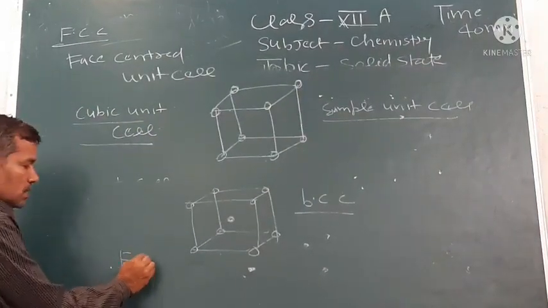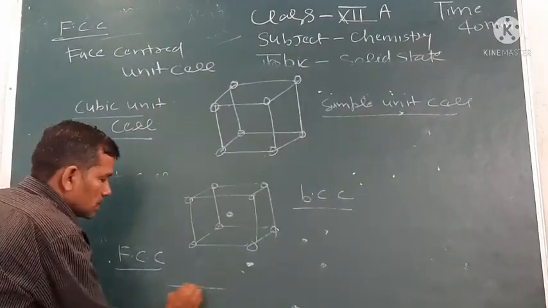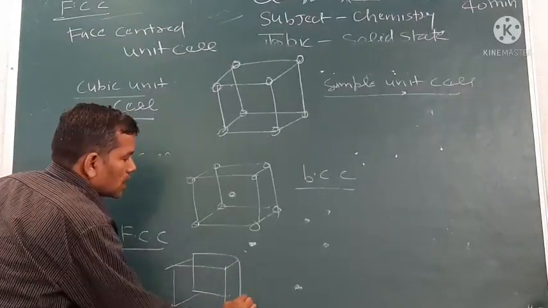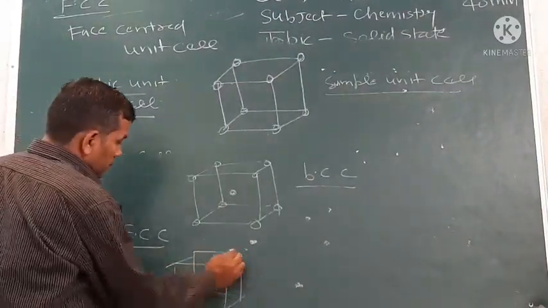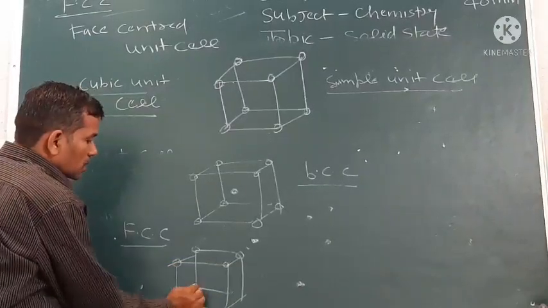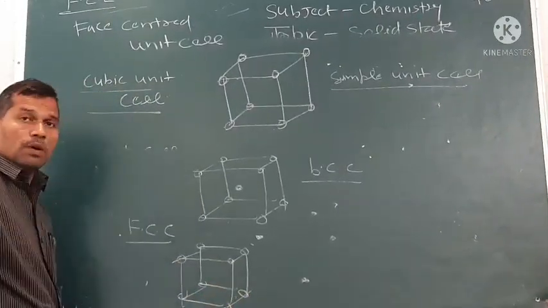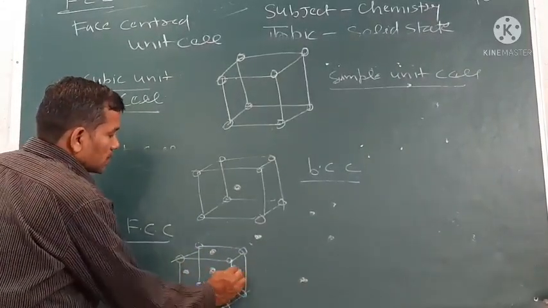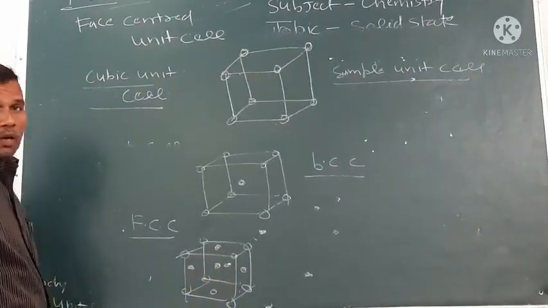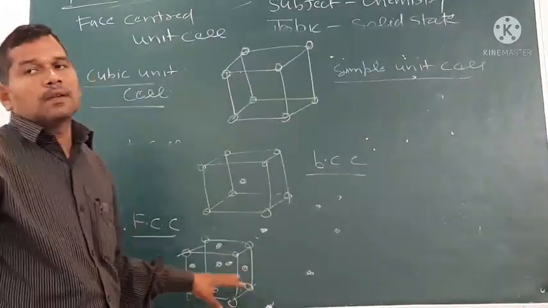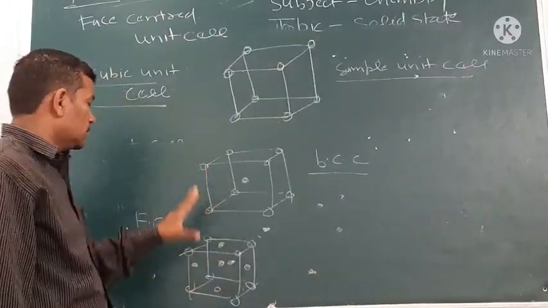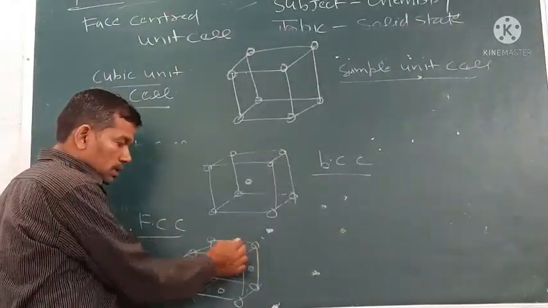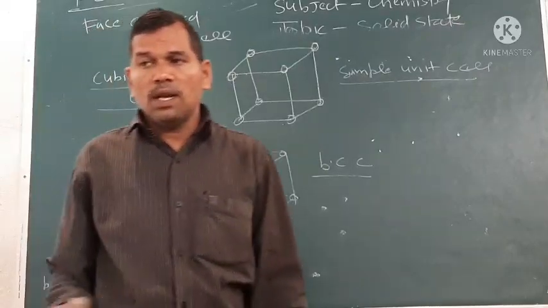And FCC means if the atoms or ions acquire the corners of the cube as well as the faces of the cube, it is called a face centered cubic unit cell.